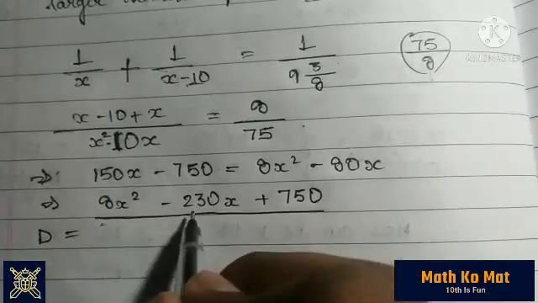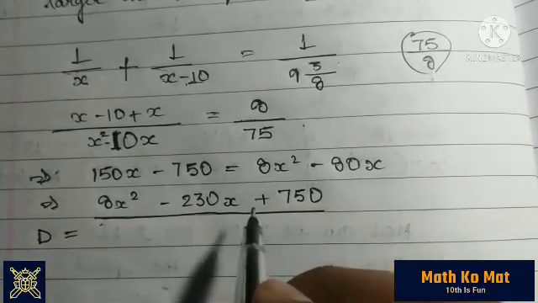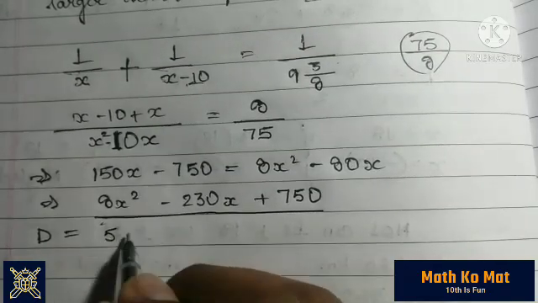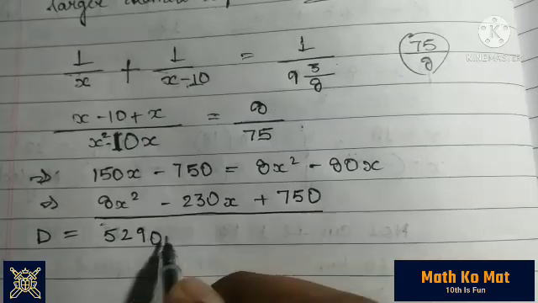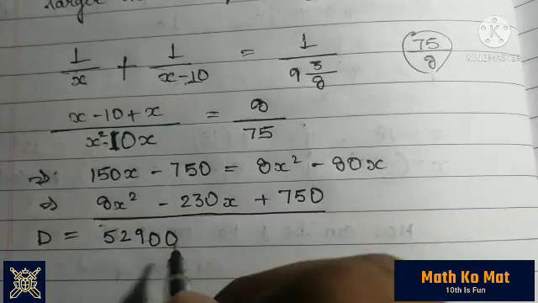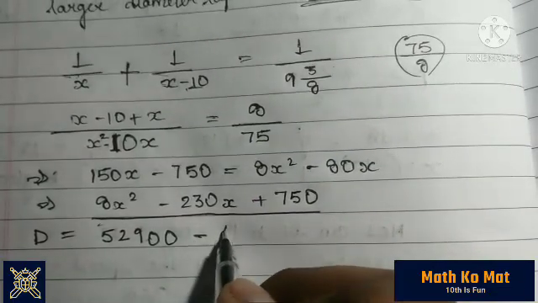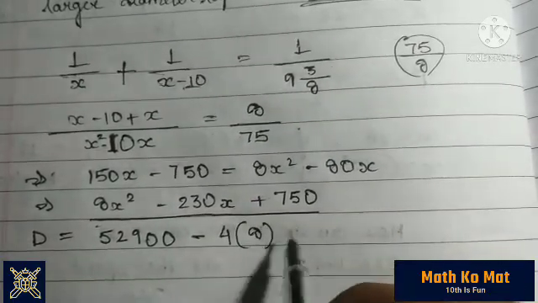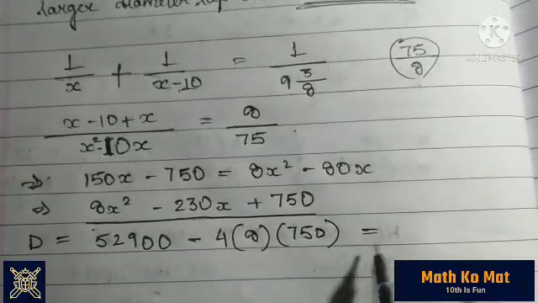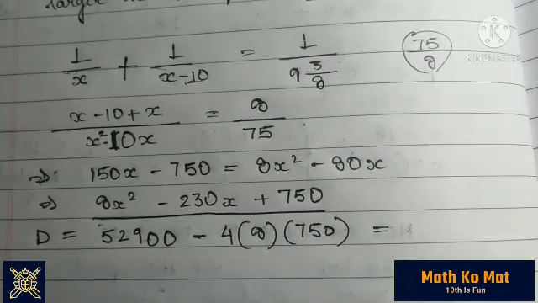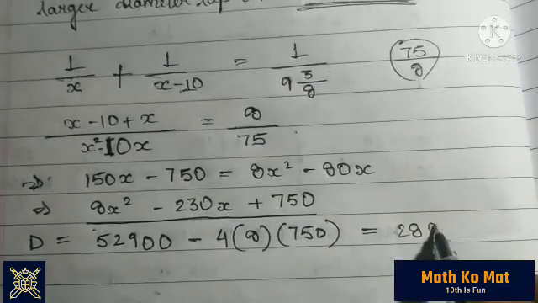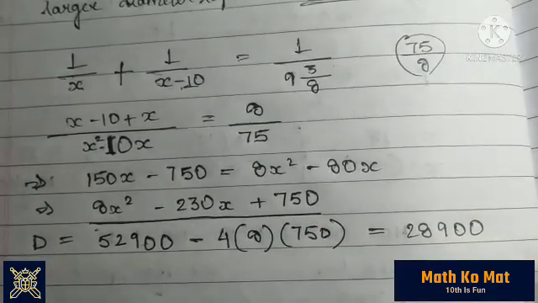So D is equal to b square, minus 230 whole square, which is 52,900, since 23 square is 529. Then minus 4 into 8 into 750, which is 24,000. 52,900 minus 24,000 gives us 28,900.